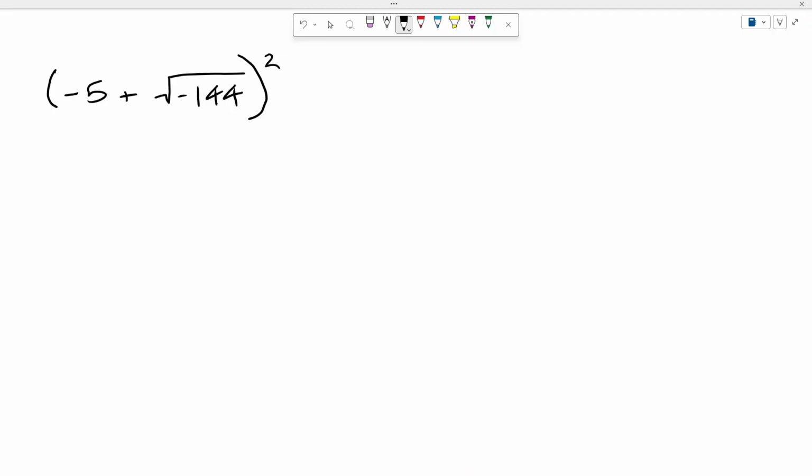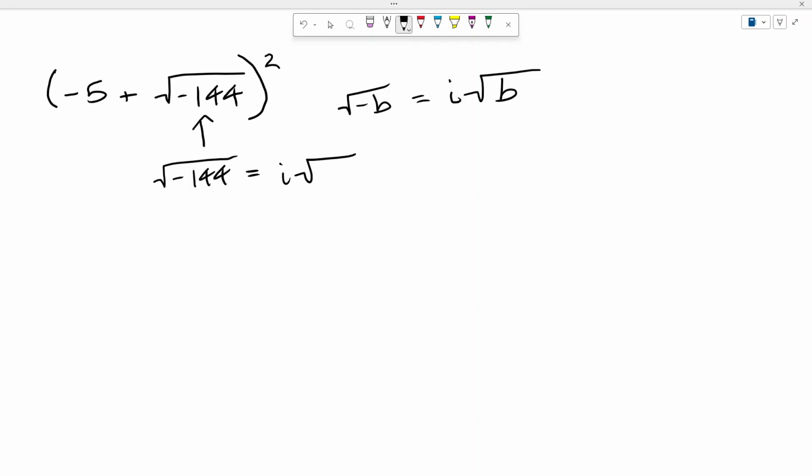All right, so let's start with, first things first, we see that negative under the square root, so let's apply our rule here. Okay, and if you forget, remember if we have square root of -b, that's equal to, we can put the i out front, and then this becomes positive. So this square root of -144 will be equal to i square root of +144.